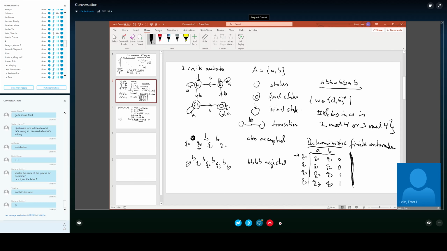So necessarily you would have to first determine where you end up, and then you're going to ask, is this a final state? Only at that point will you know whether the word is accepted or not. Okay?